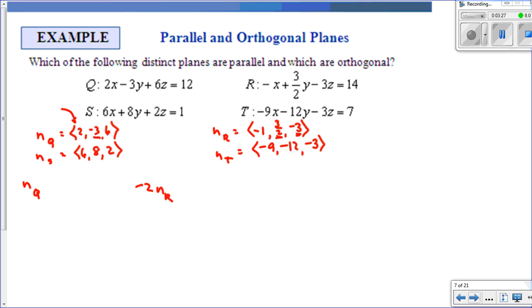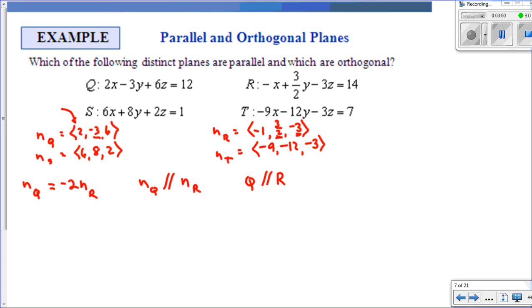So NQ is just -2 times NR, which means that those two vectors are parallel to each other. So NQ is parallel to NR, which really means that the plane Q is parallel to the plane R.